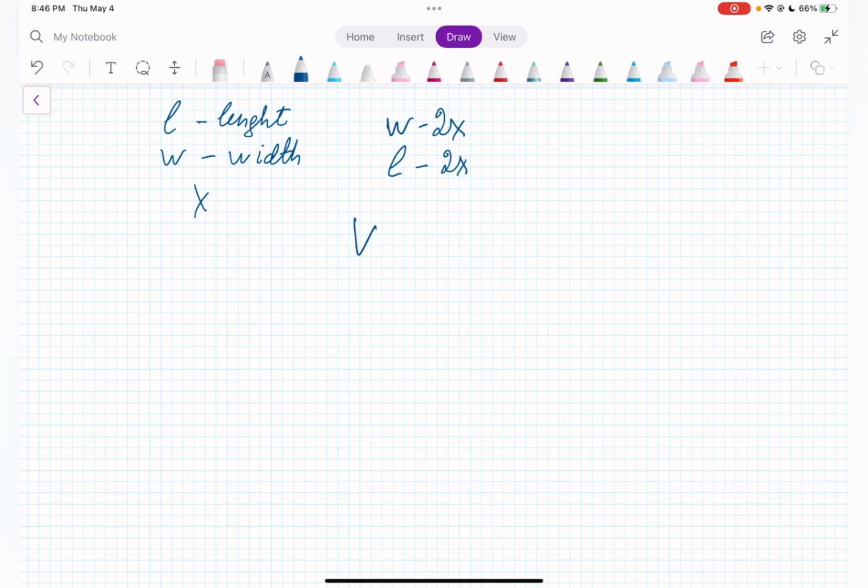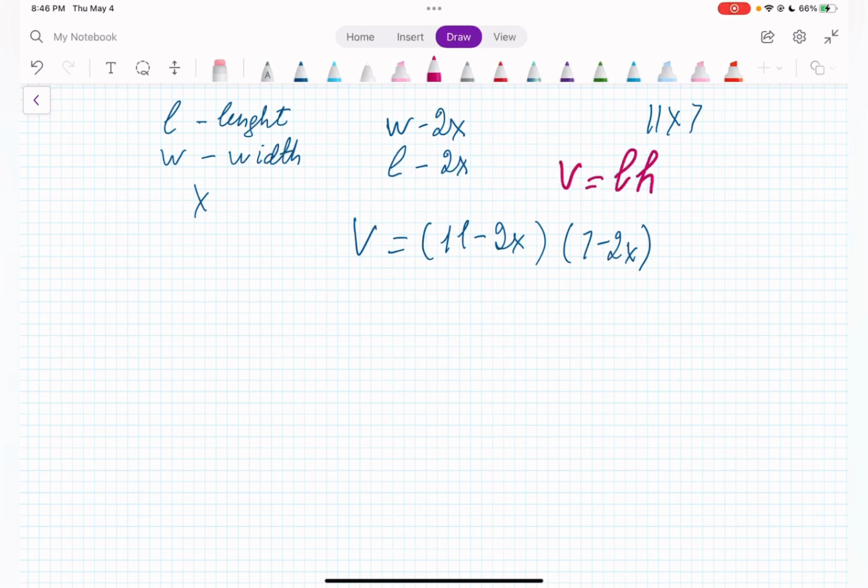And to find the volume of the box formed from how much we have, 11 by 7 measurements. Okay, 11 is length, minus 2x, and the width is 7 minus 2x, and we need to multiply because the formula for V is equal to length, height, and width, right?